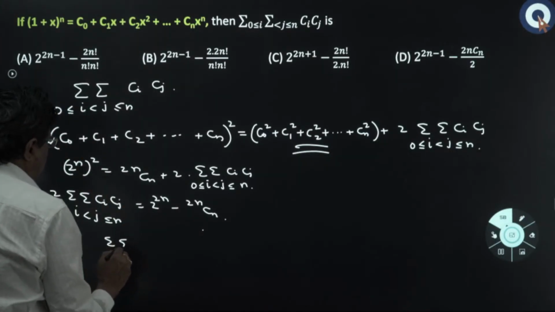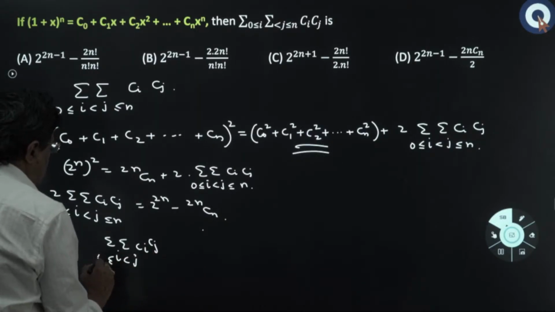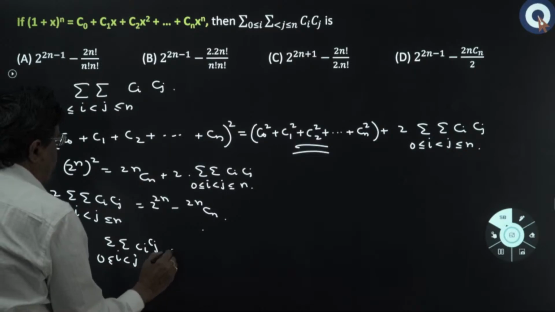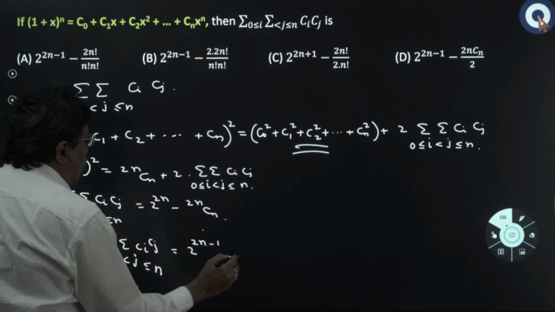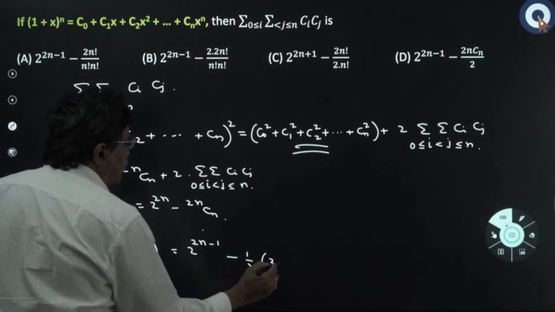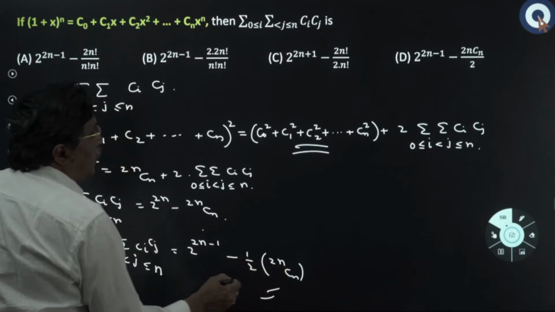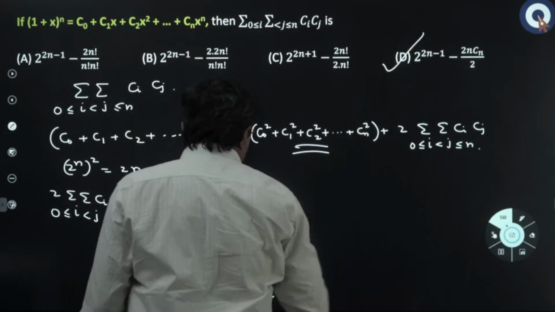Sigma sigma ci cj, i less than j, is equal to 2 power 2n by 2, which is 2 power 2n minus 1, minus 1 by 2 into 2n cn. So option D will match.